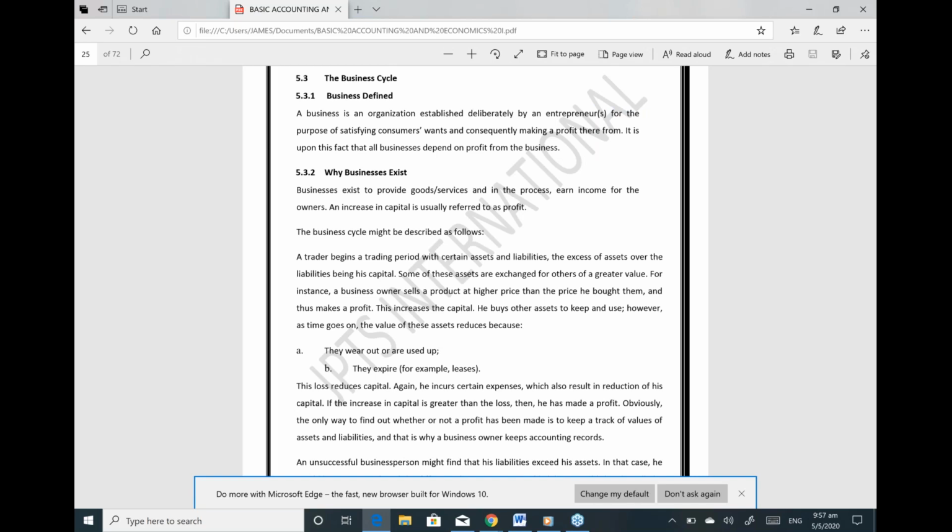It is upon this fact that all businesses depend on profit. Now, you need to know as a business student that your first aim in business is not really profit making. It is later you make profit. Like I used to tell my business class, the first thing you do is to satisfy customers.